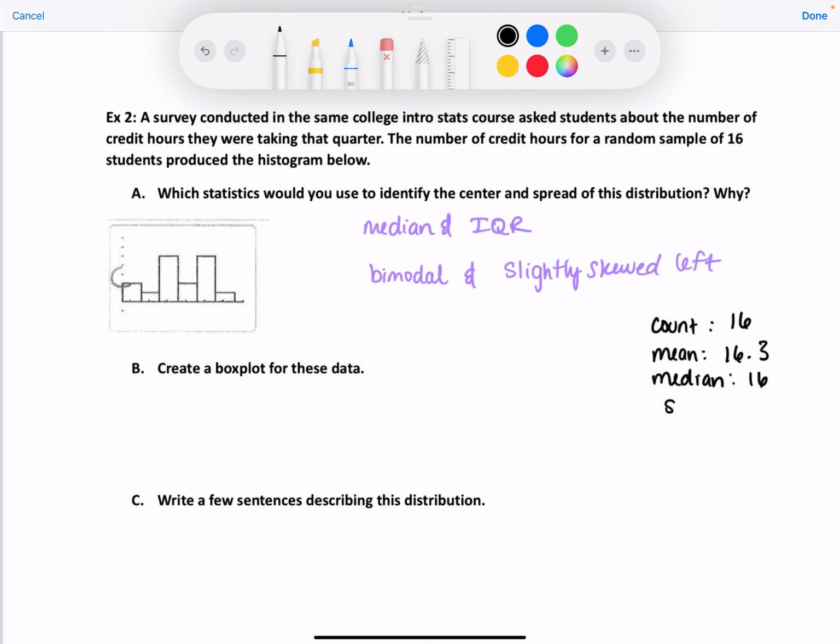Standard deviation, 3.7. Min is 10. Max is 22. Q1 is 14.5. Q2, or sorry, Q3, not Q2, is 20. Alright, so all that would have been given to you.